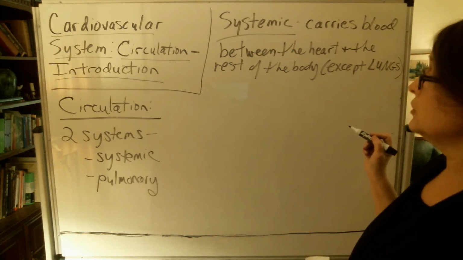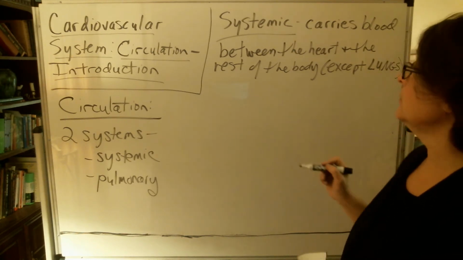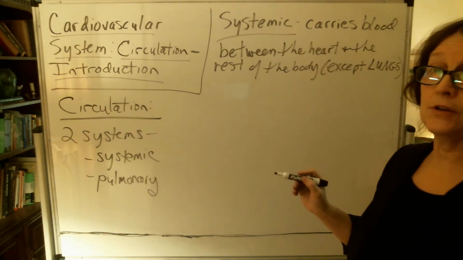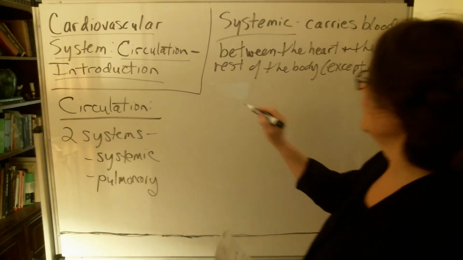So, blood going to and from your brain, to and from your toes, to and from everything else is known as systemic circulation.